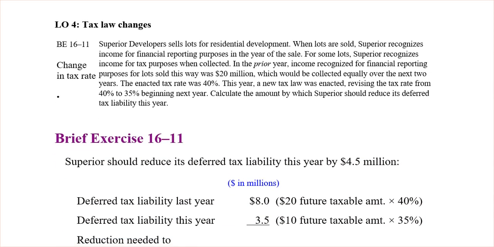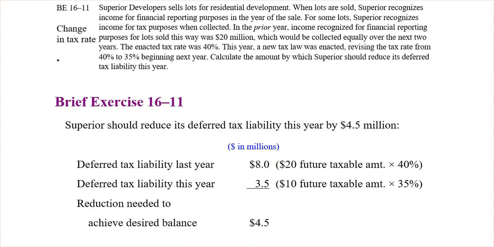So when they had it on their books, they thought originally that the tax rate was going to be 40%, and they put it on at 8%, and now they can see that they need to have on their books only a portion of that left, and so what they do is they figure out where they need to be, and then they do a reduction to get it to the balance that they want it to be at.